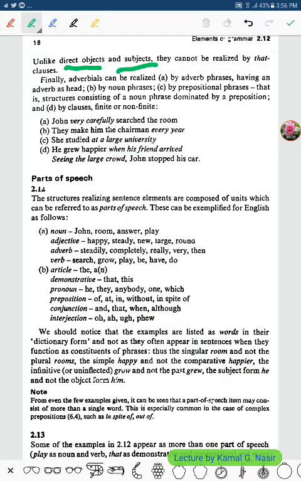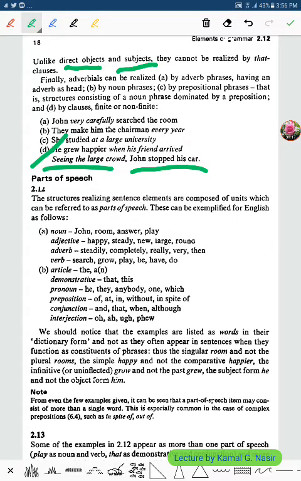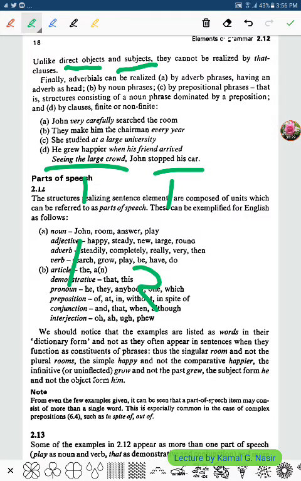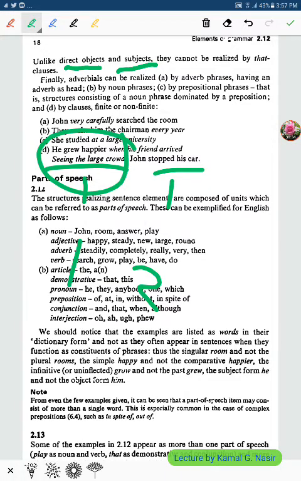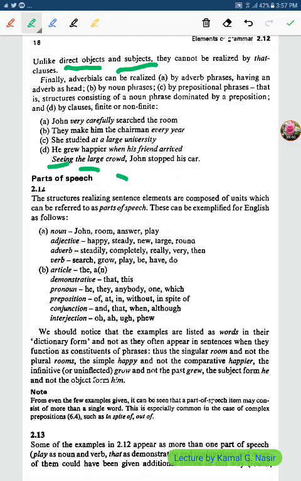Let us come to the last sentence in this lecture. Seeing the large crowd, John stopped his car. How many clauses are in this sentence? Two clauses. This is number one and this is number two. This is the secondary clause and this is the main clause. This sentence started with a verb.